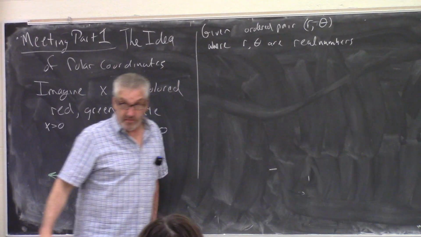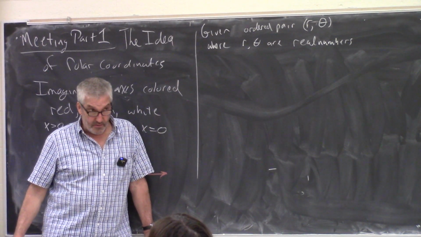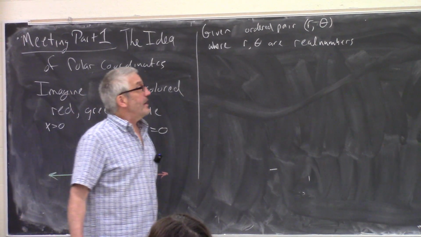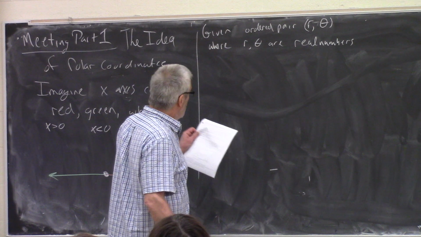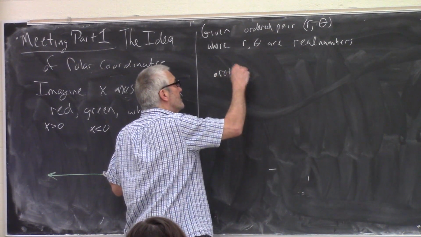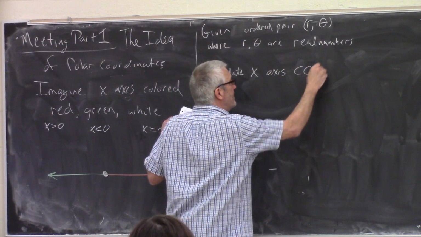So they can be positive, they can be 0, they can be negative. The theta does not have to be just between 0 and 2 pi. It can be any number. So rotate the x-axis CCW.